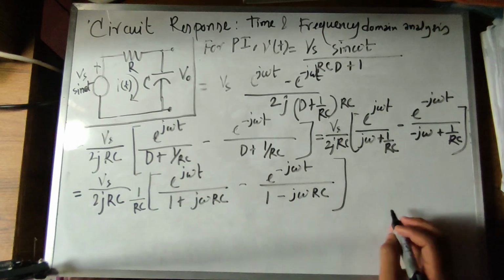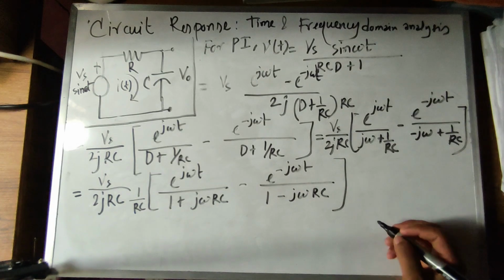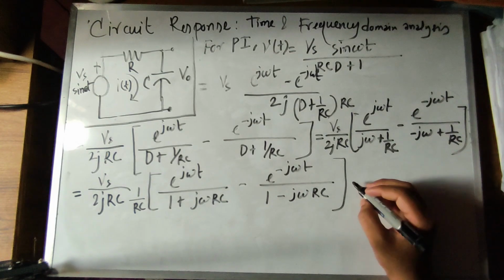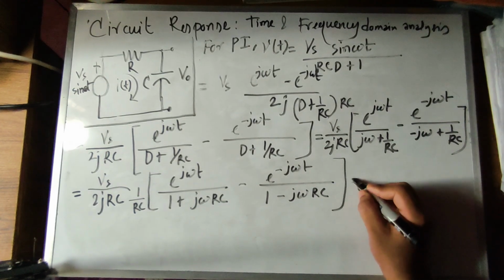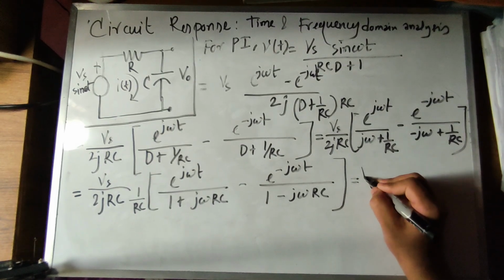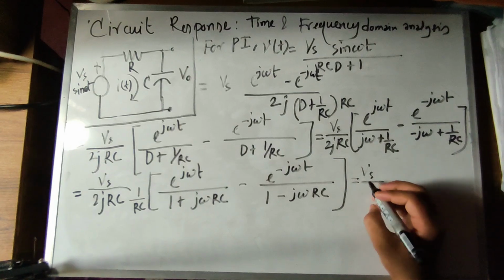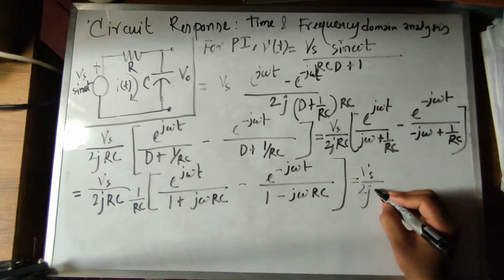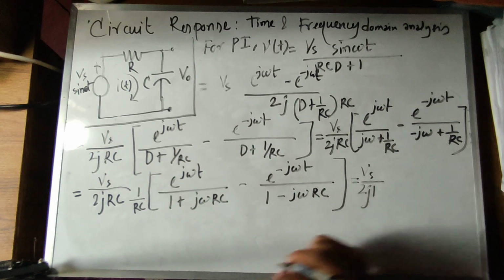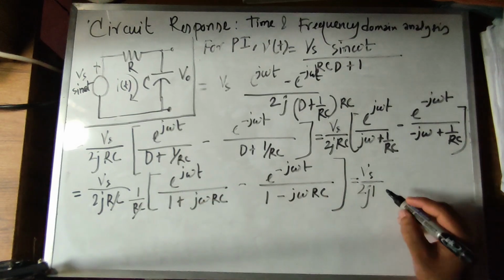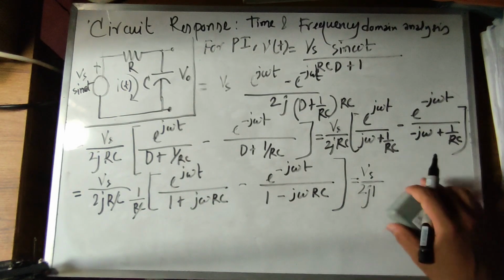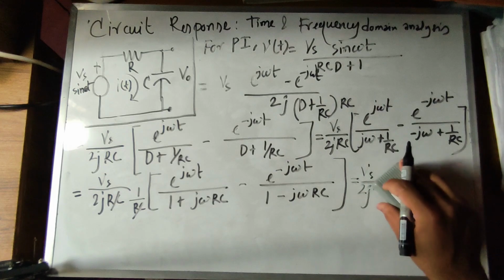Now all we are going to have to do is v is by 2j. RC will cut out, so there is no RC component here.